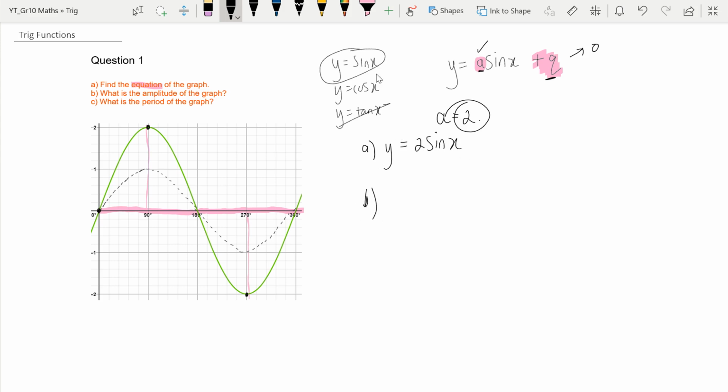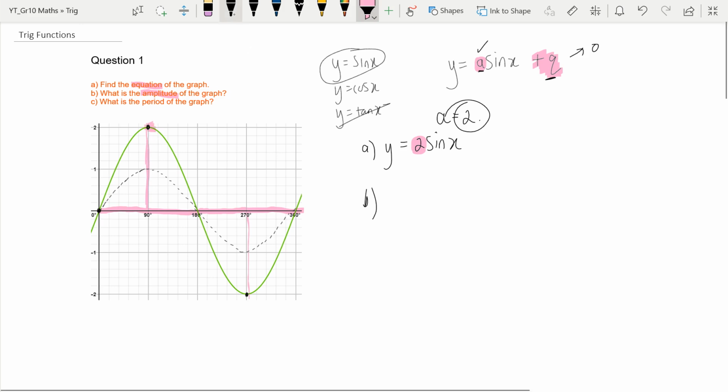Let's see for B. What is the amplitude of the graph? Well, our A value gives us our amplitude, but let's refresh our memory on what the amplitude is. The amplitude represents the distance from the middle of the graph, the equilibrium, to the maximum point of the graph.